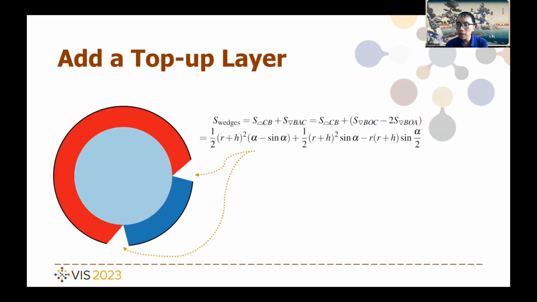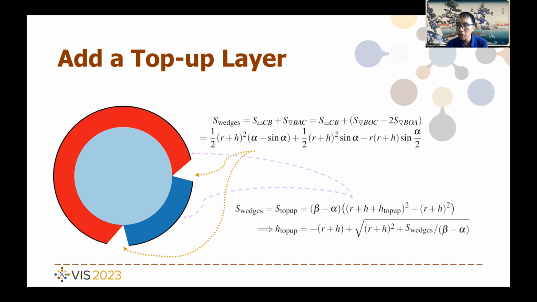Since the cut-off part is not exactly equal to the change in the height of the layer, we need to add a top-up layer to control the height of the new layer of the RIT. The height of the top-up can be calculated by the following formula.